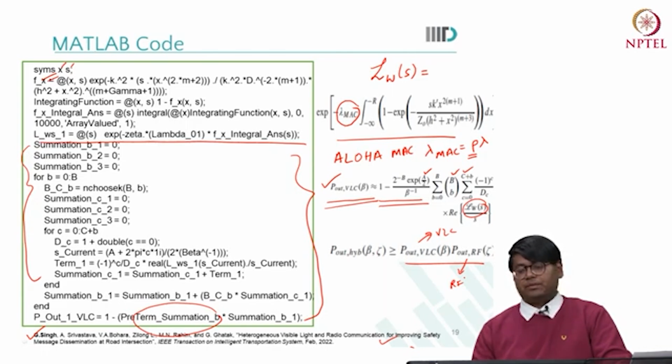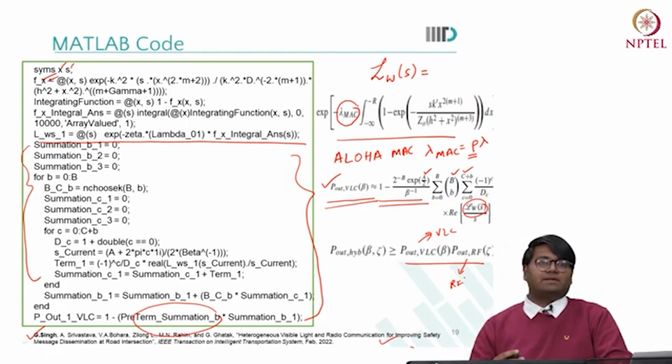Again, in order to obtain the simulation results, we need to compute the signal to interference plus noise ratio. We compare it with some SINR threshold, say beta.